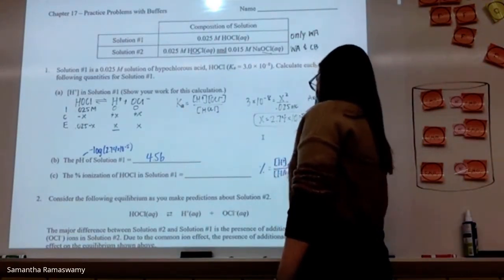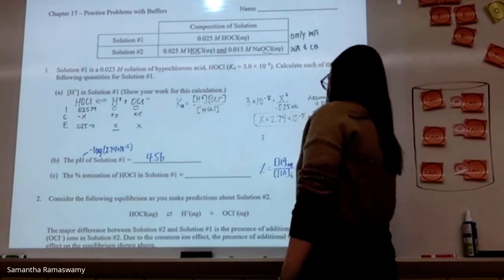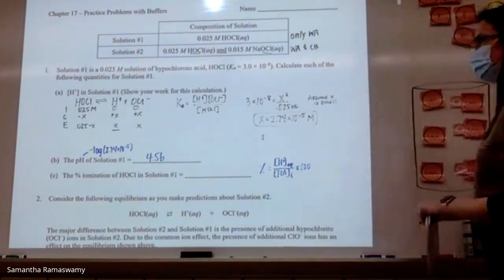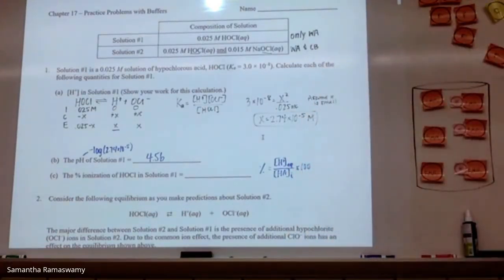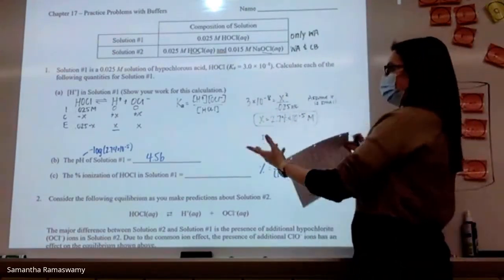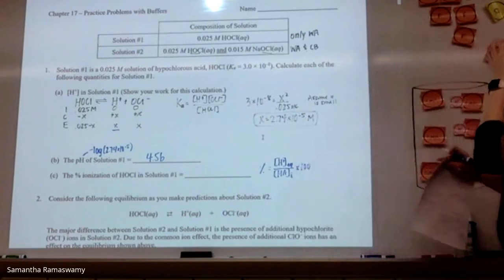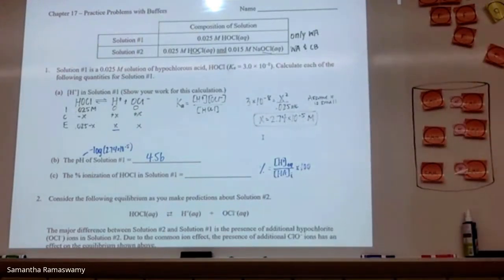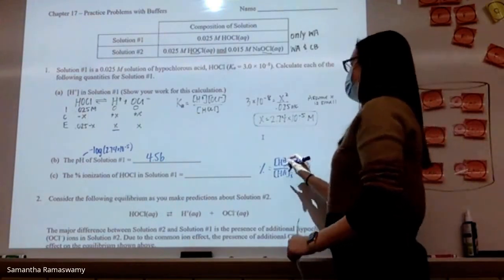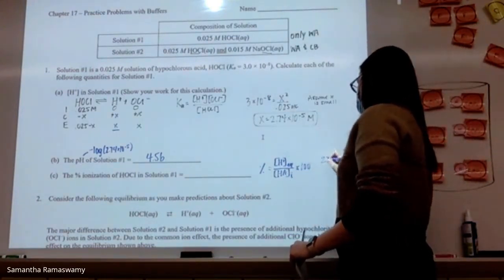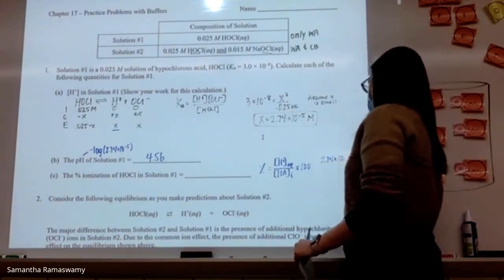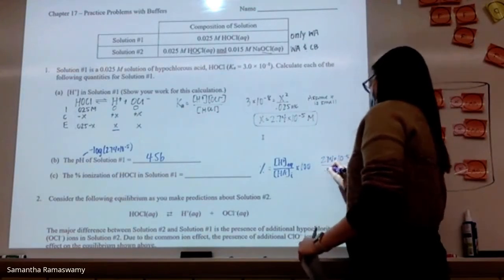We have all of that information already. This is what free response questions look like on the AP test. They build off of parts that we've already solved for. H plus concentration at equilibrium was 2.74 times 10 to the negative fifth. Initial concentration of the acid was 0.025. Multiply by 100.